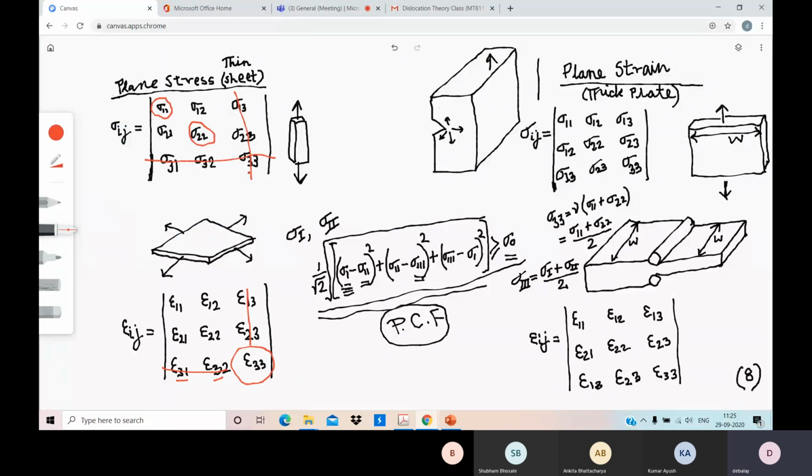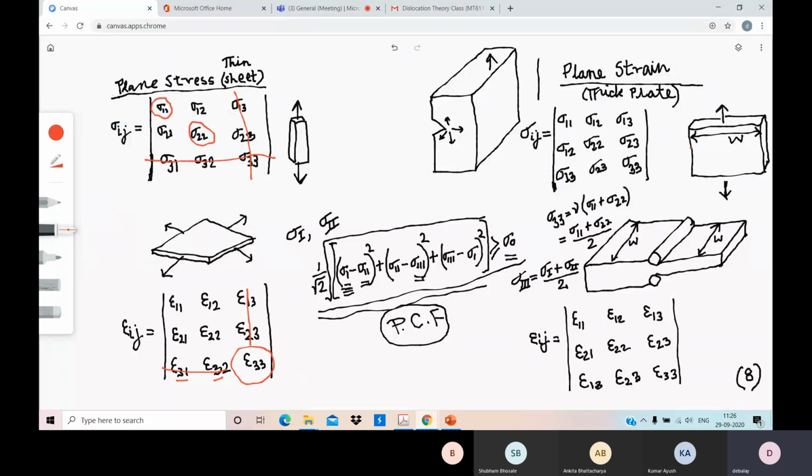Epsilon 33 equals sigma 33 by E minus nu by E times (sigma 11 plus sigma 22) from the constitutive equation. So if you apply sigma 11, there can be epsilon 33. So a body under plane stress may be under plane strain if epsilon 33 is 0 by chance, depending on the values of epsilon 11 and 22, but it may not be under plane strain also. The epsilon 33 term can be there.